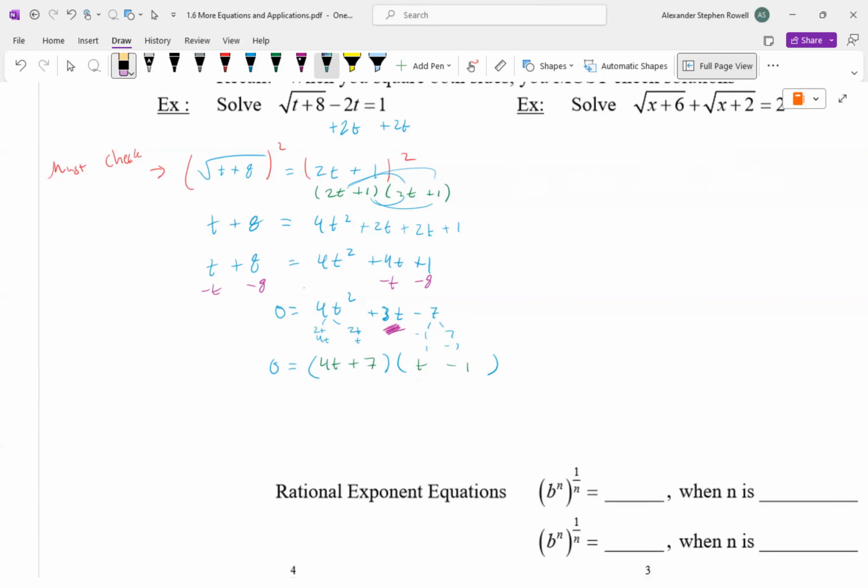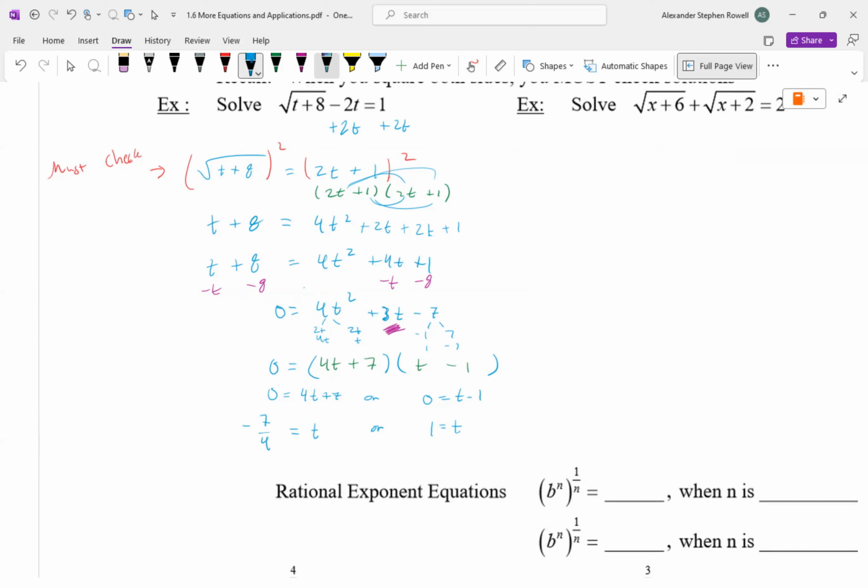So I've factored this. Now what's the next step? Okay, set each equal to 0. 4t plus 7 equals 0, or t minus 1 is equal to 0. So t is equal to 1, or what? We do that in our heads. Subtract 7 from both sides, divide by 4. -7/4. And I feel great.